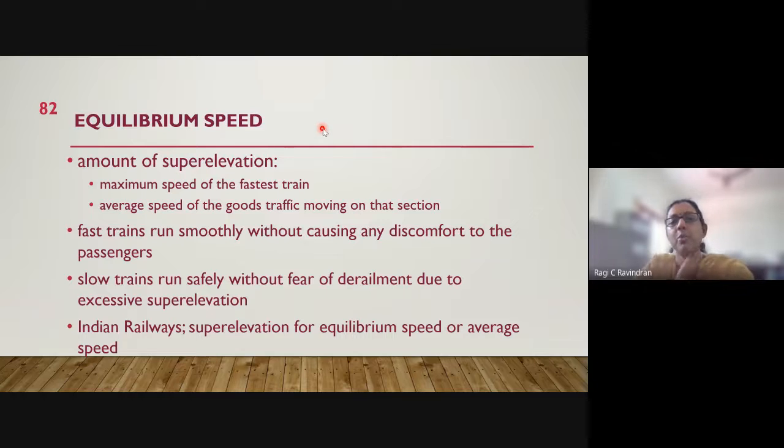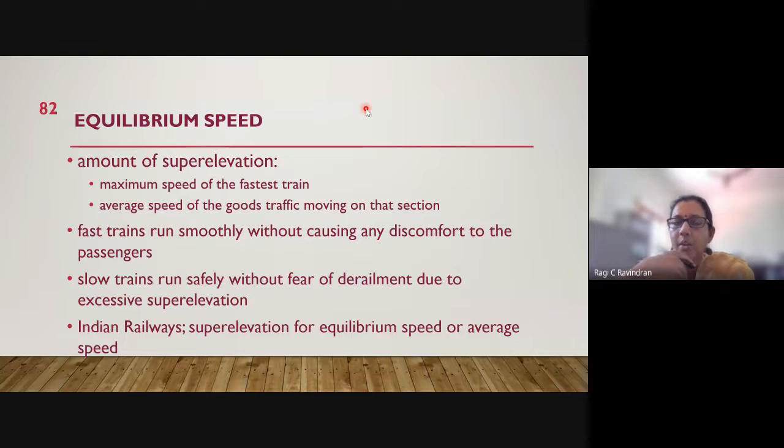Now let's move to equilibrium speed. We have spoken of the theoretical CANT, which is provided for the maximum permissible speed. But not always do we provide this theoretical CANT. Due to some constraints, we will be reducing the CANT and experiencing some CANT deficiency on certain parts of the track section.